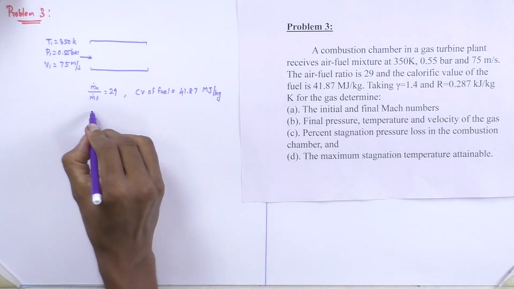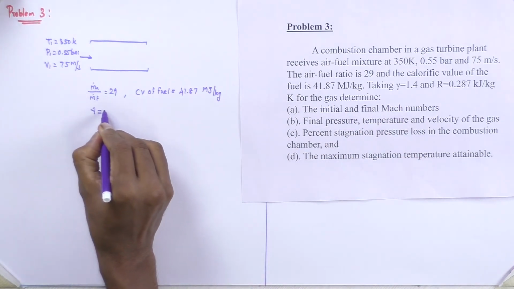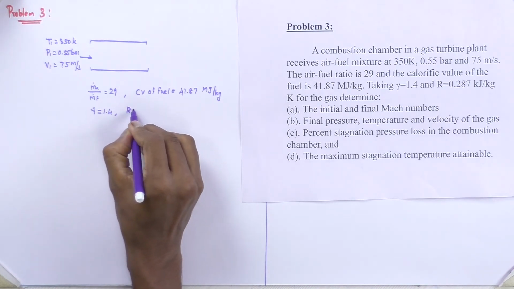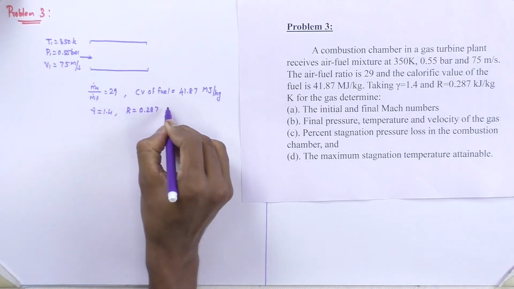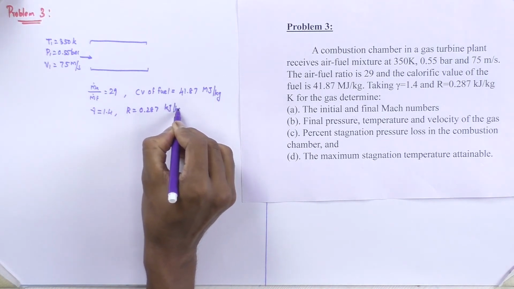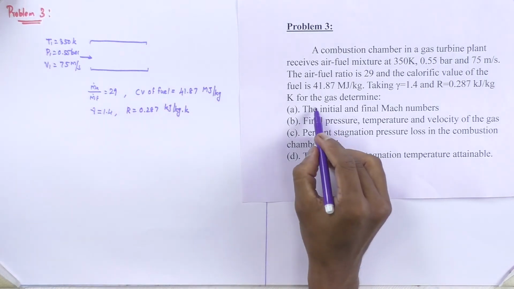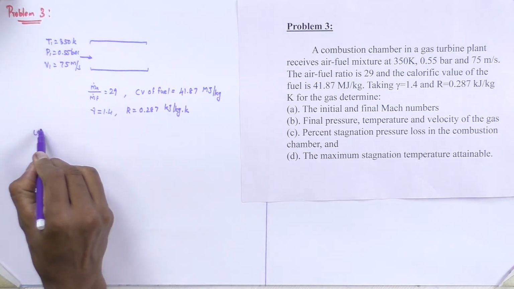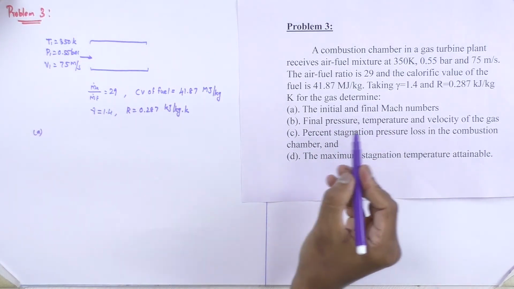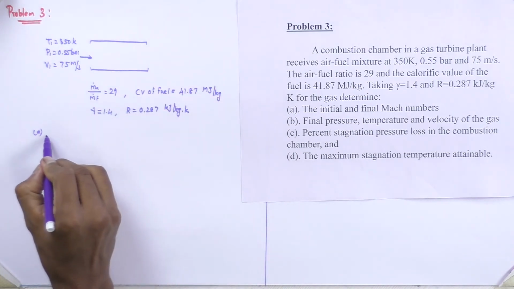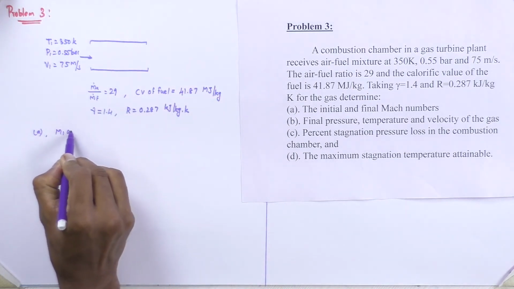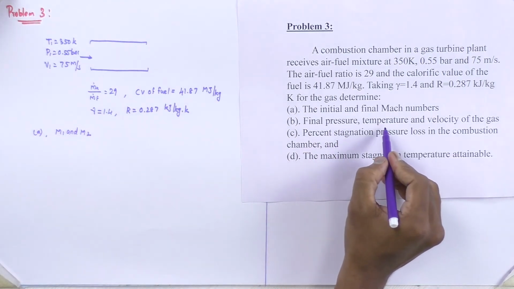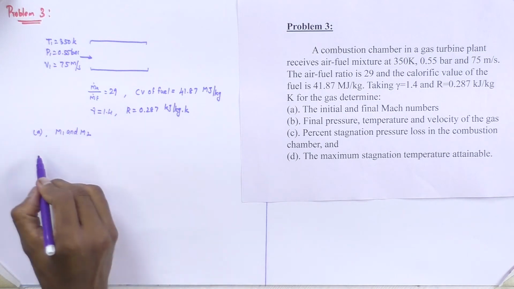Taking gamma, specific heat ratio, as 1.4 and specific gas constant R as 0.287 kilojoule per kg Kelvin for the gas. Determine option A, the initial and final Mach numbers, which means M1 and M2 Mach numbers, then final pressure, temperature and velocity of the gas.